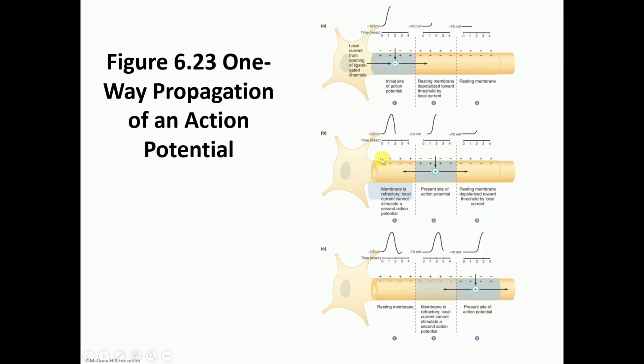Well, area number 1 is in its absolute refractory period, okay? And therefore it will block the potential from propagating in this direction, and really we have no other choice but to go down away from the cell body. And so your refractory period helps in the direction of propagation.